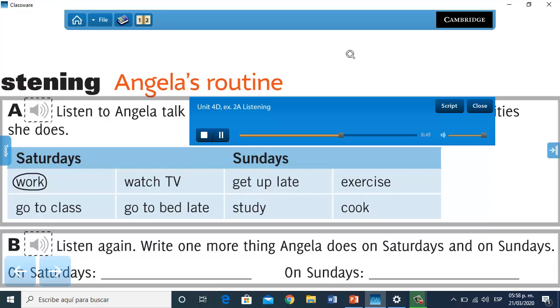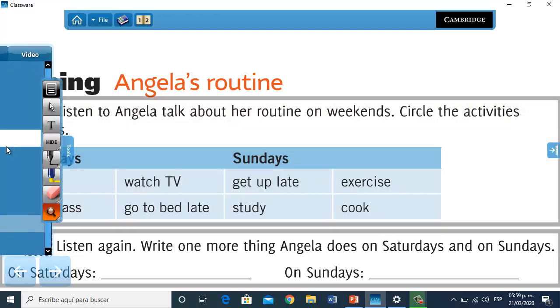Do you go to bed late? Yeah. And do you get up late on Sundays? Yes, I do. I get up at 10:30 or so. Yeah, me too. I also exercise on Sundays. Do you? No, I don't. I read the news and I study. I have a busy week, and Sunday is a good time to study. Do you cook on the weekend? I cook on Sunday.